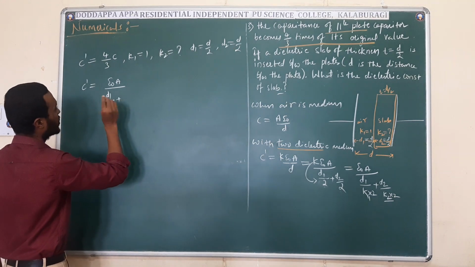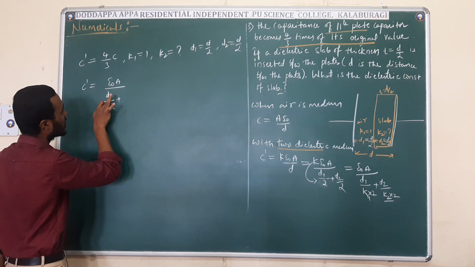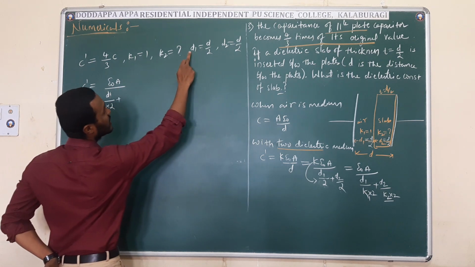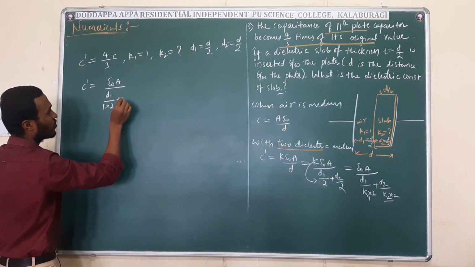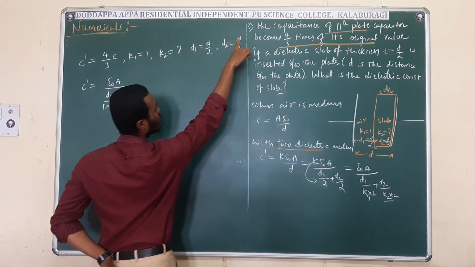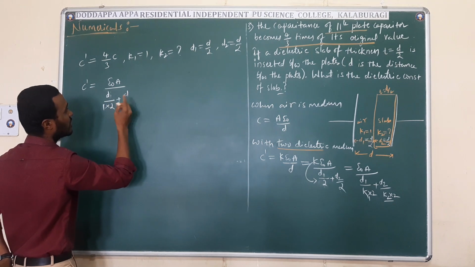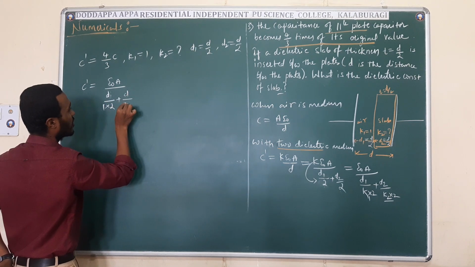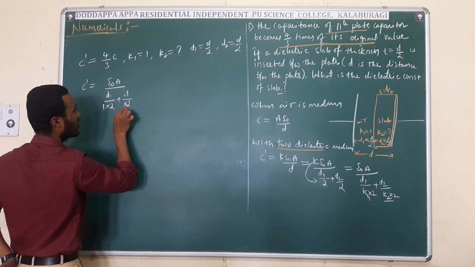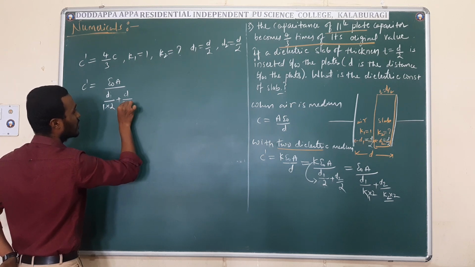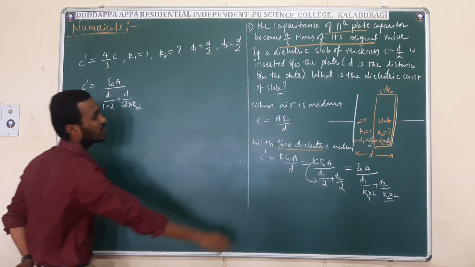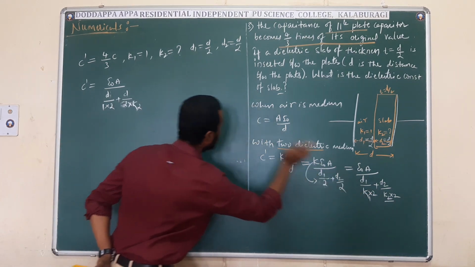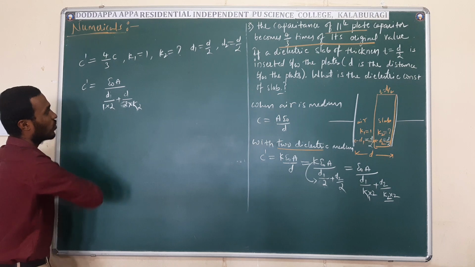D1 value is D by 2, so while substituting, D1 is equal to D by 2, into K1 which is 1. Here also D2 is equal to D by 2, so D divided by 2 into K2. This K2 we need to find. K1 value I have already given here, K1 is equal to 1.